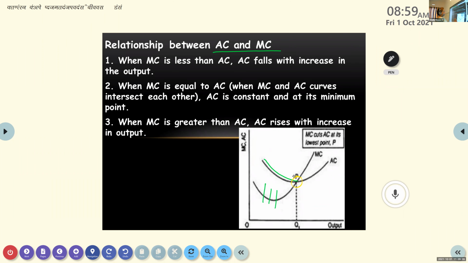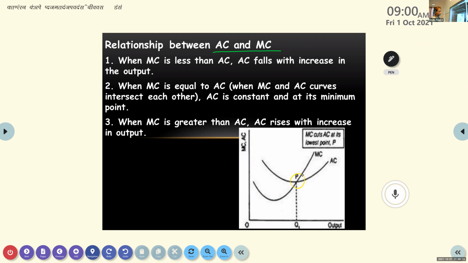Just look at the curve and tell me. Where MC is minimum, you can see that is here, somewhere here. Till here MC is falling, then minimum, then it starts rising. But if you compare both these curves, where MC and AC intersect each other, AC is at its minimum.